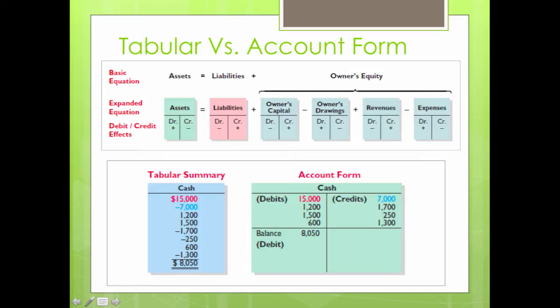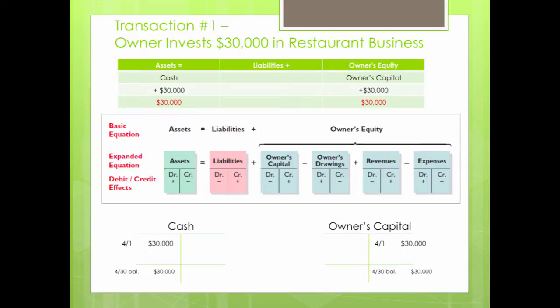What's happening is that the left side is larger, so the balance is recorded on the left side. Okay? Now, if the account only shows one amount, then that amount is the balance and it'll be on the particular side that you show that balance for. Okay? All right, let's move on.